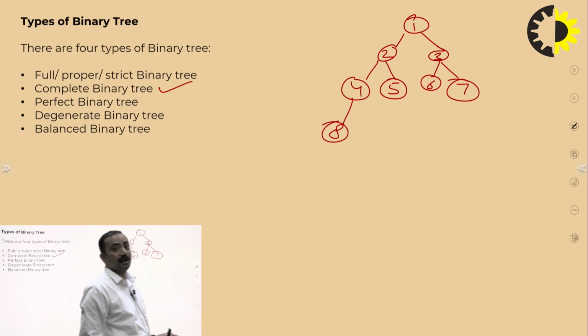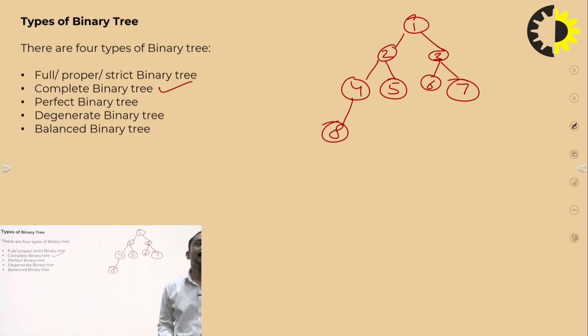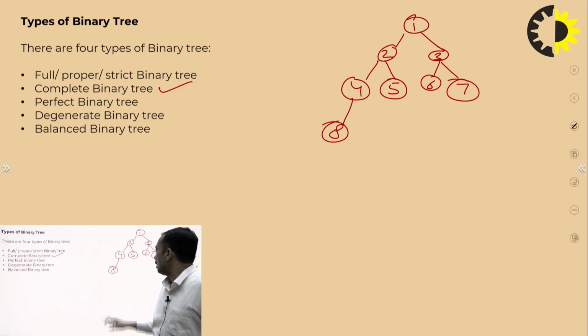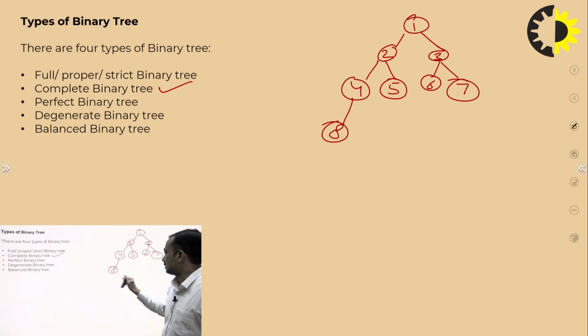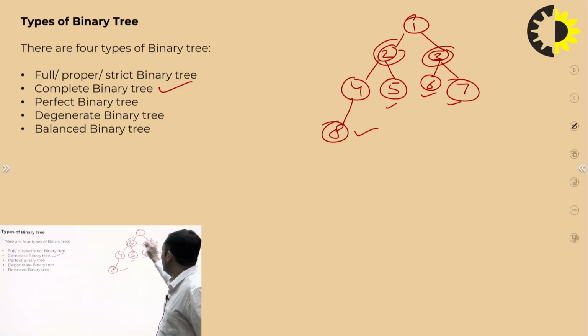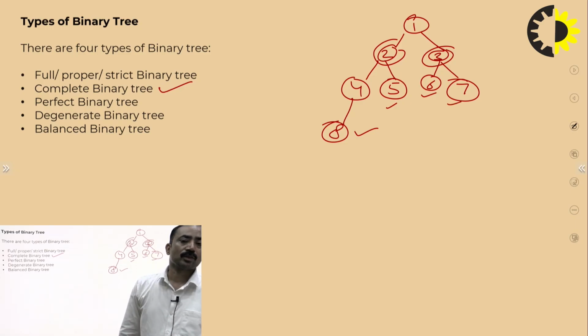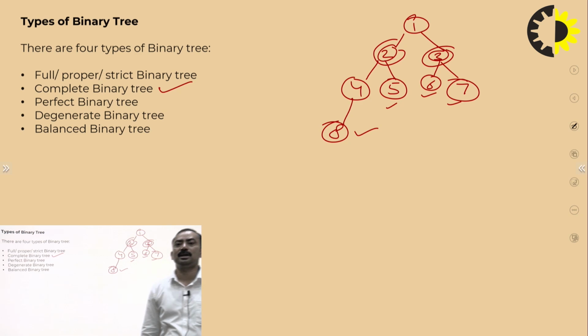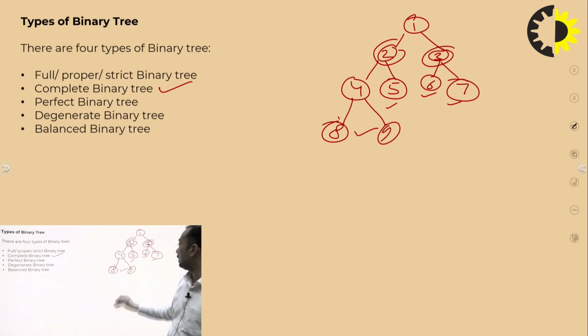So the definition of complete binary tree: the complete binary tree is a tree in which all the nodes are completely filled except the last level. In the last level, all the nodes must be as far left as possible. So this is the last level, so this is the left node. Again, it's also a complete binary tree.